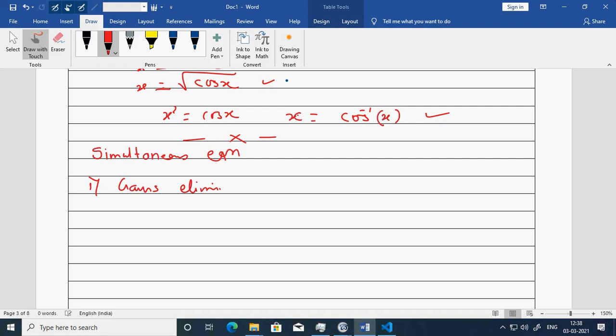The second method is, I think, TDMA, Thomas tridiagonal matrix algorithm.